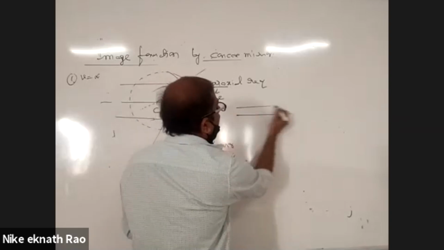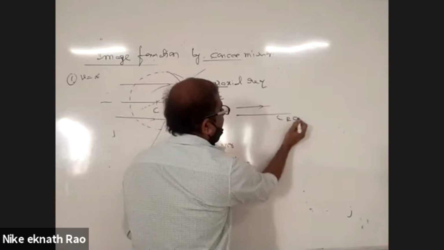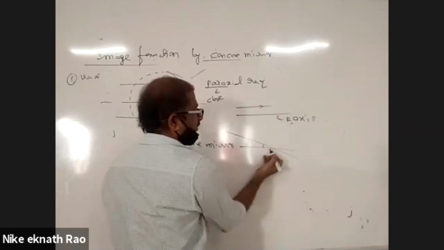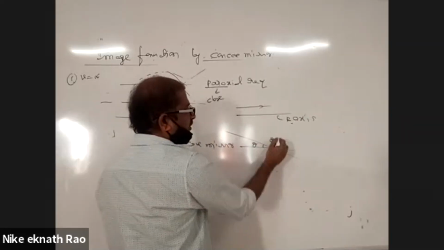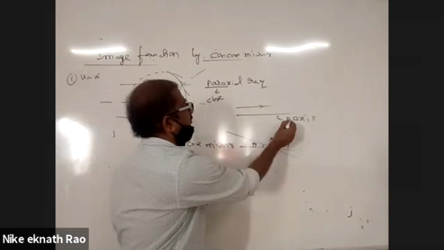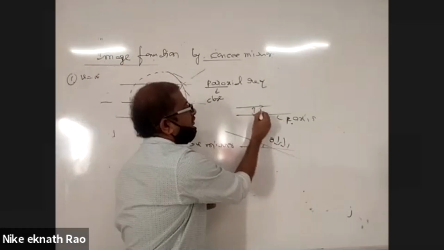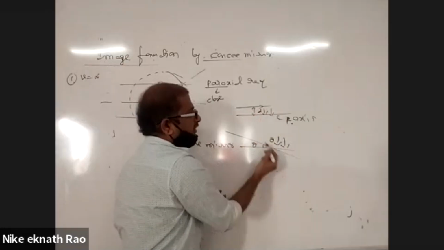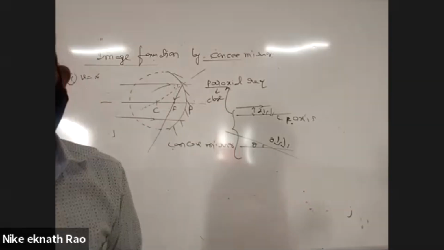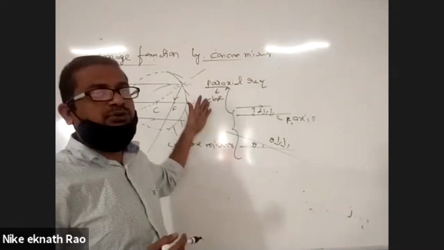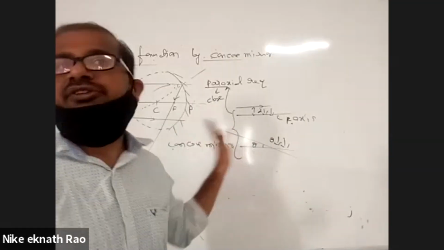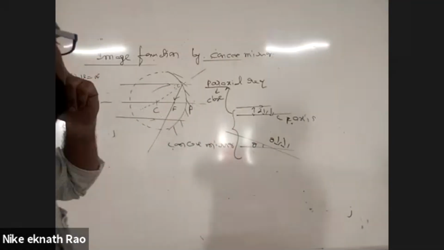If they fall close to the principal axis, or make very small angles, the distance is very small and the angle is also very small. These are paraxial rays. This geometrical formation of images is known as Gaussian optics, and we have only this optics in our syllabus.